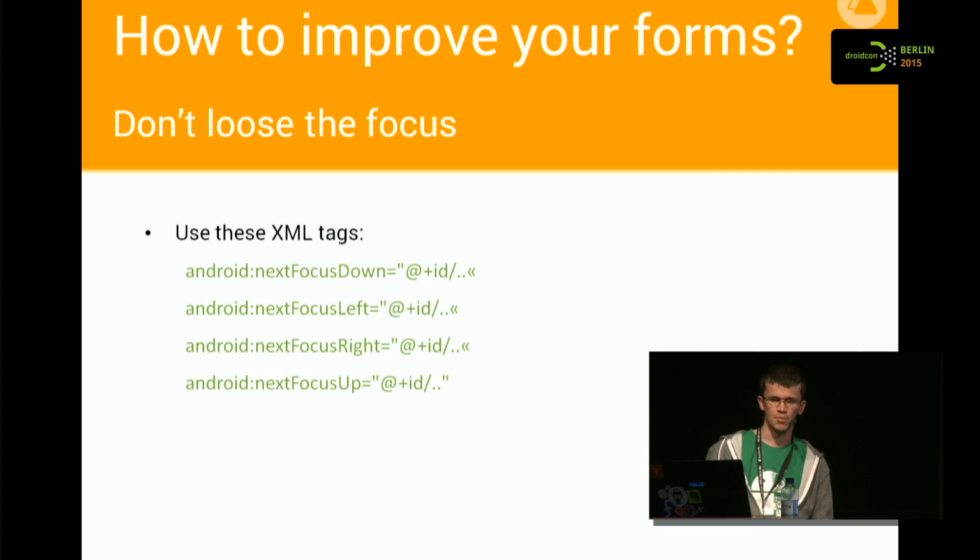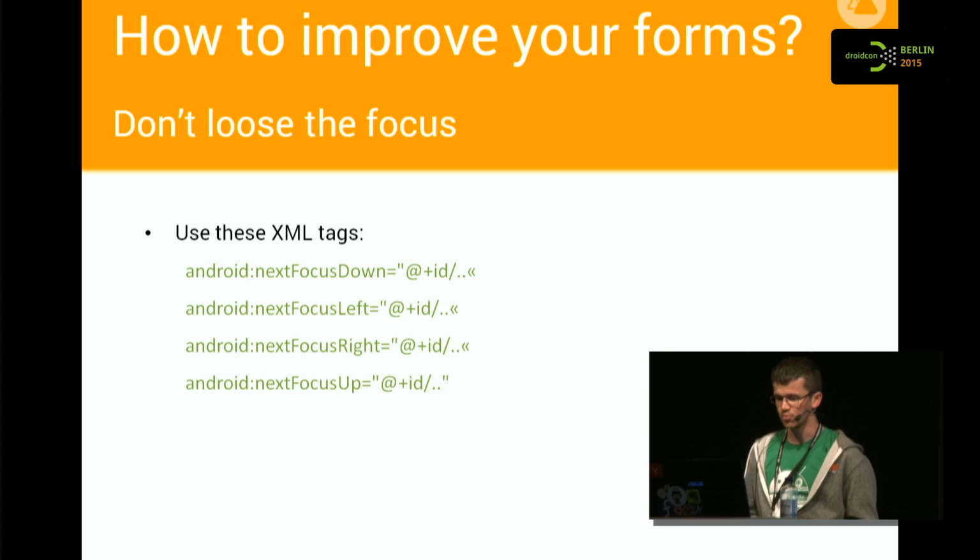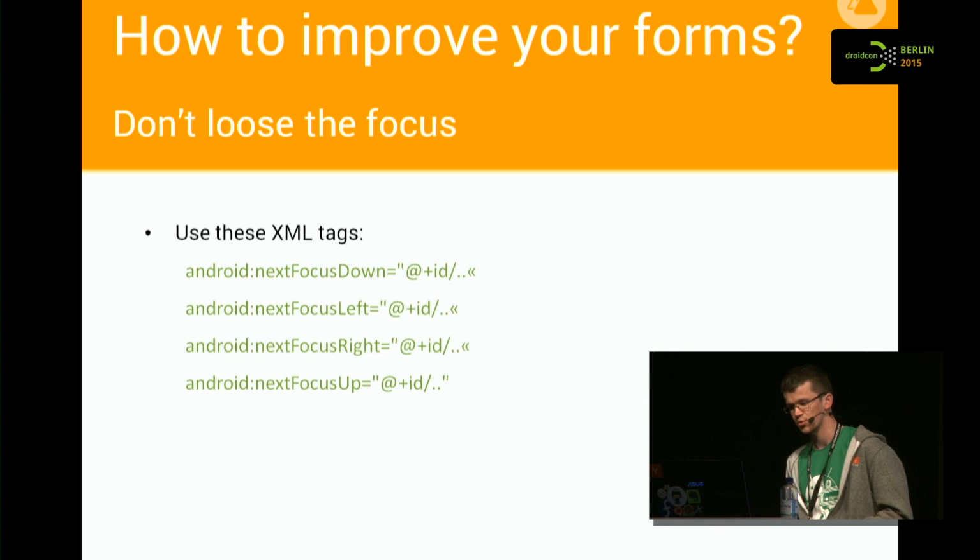And this is particularly useful if you have different images or different layouts in your view hierarchy that might take the focus in between two edit texts. So if you do it properly, then the system will understand properly.